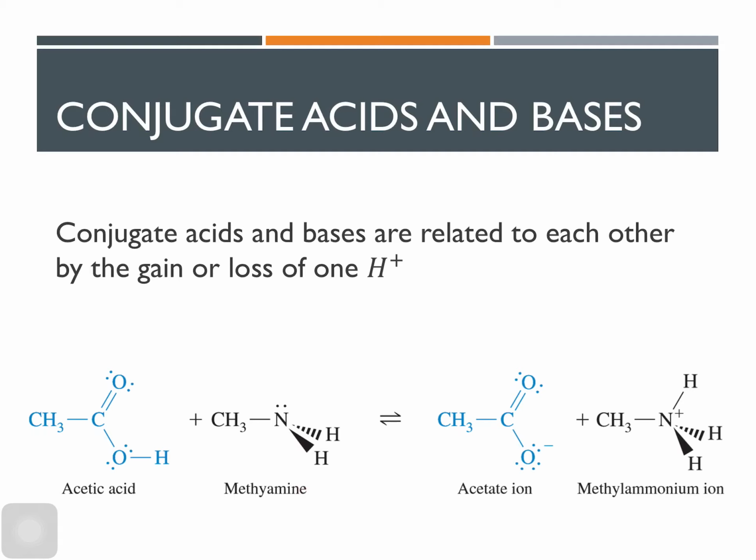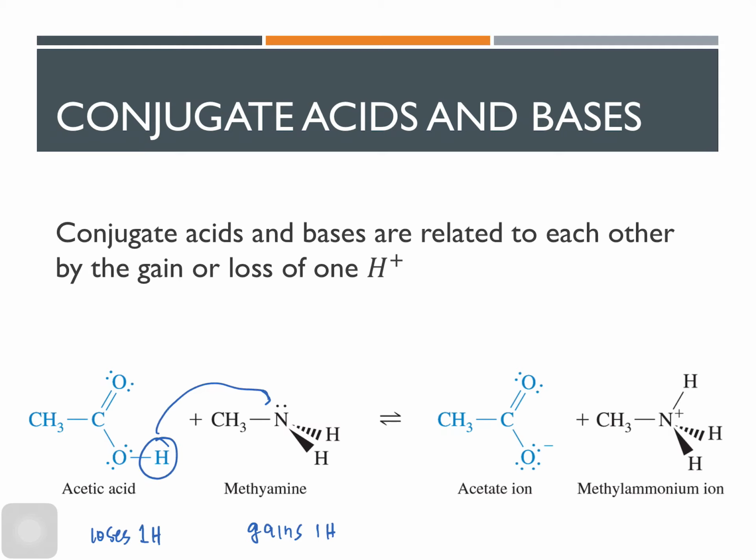So what happens is that this hydrogen is being transferred to the amine part here in the next molecule. As we can see, acetic acid loses 1 hydrogen and methylamine gains 1 hydrogen.